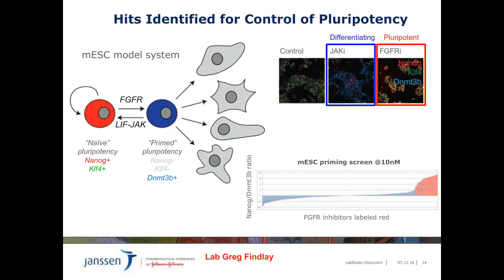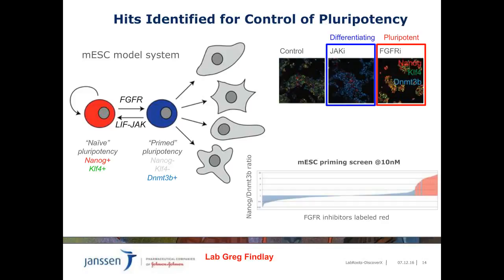Naive and primed pluripotent stem cells are in a dynamic equilibrium, which can be switched to one or the other side using inhibitors of specific kinases. For each state, expression markers are identified. The naive red state is marked by NANOG and KLF4 proteins. The primed blue state is marked by the DNMT3B protein.